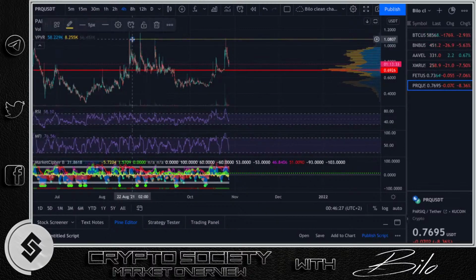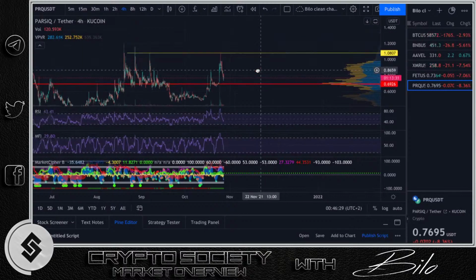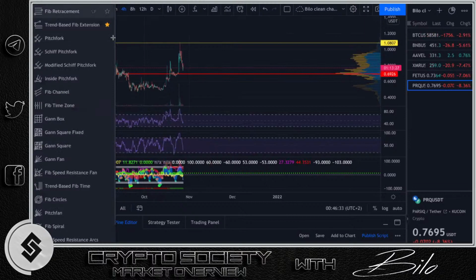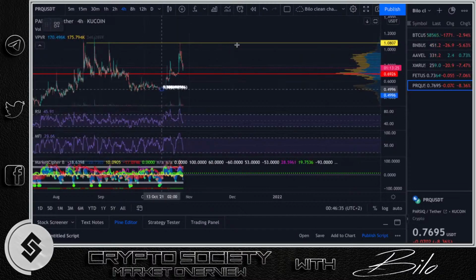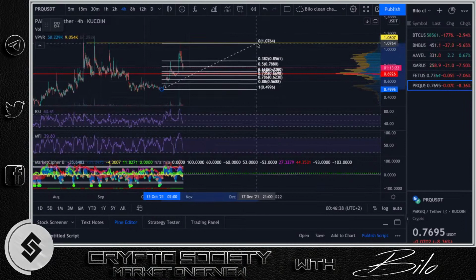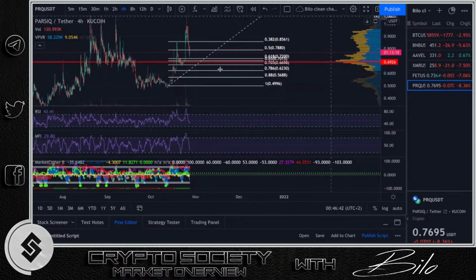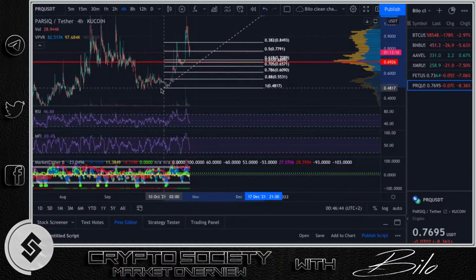You can even have it as a head and shoulders. You can have it any which way you like. And then if you try to figure out the retracement, it actually makes sense. It's on the 618. Let me just bring it down to where it's supposed to be. Not quite.